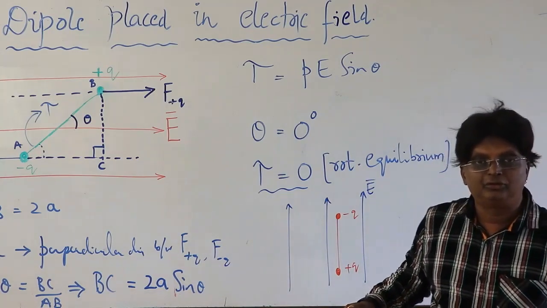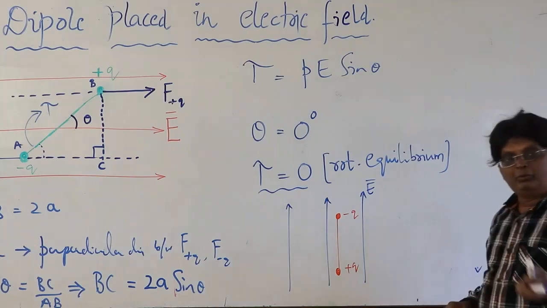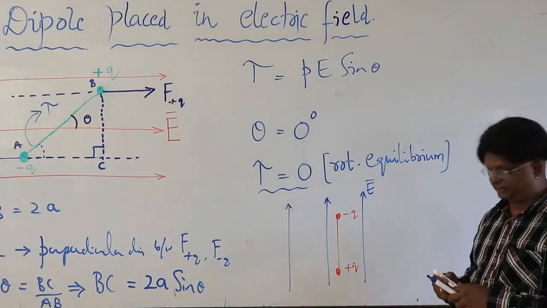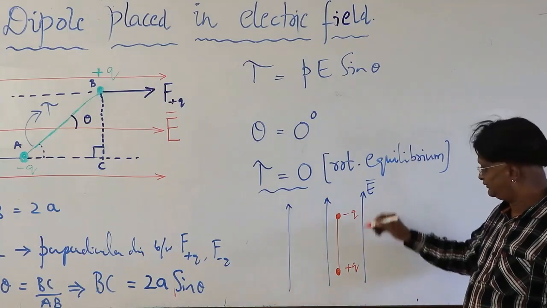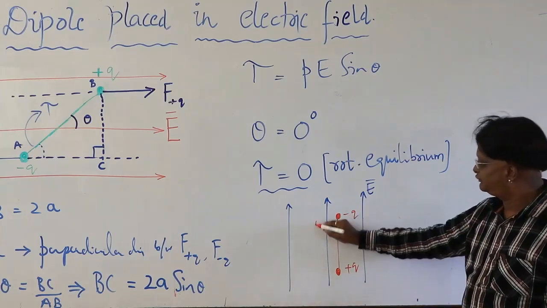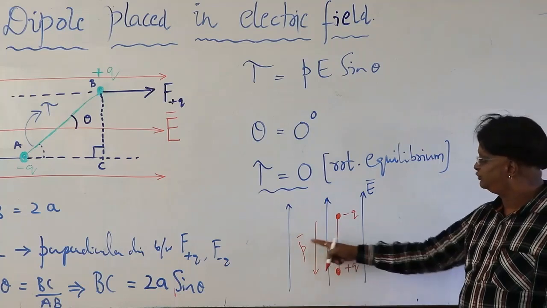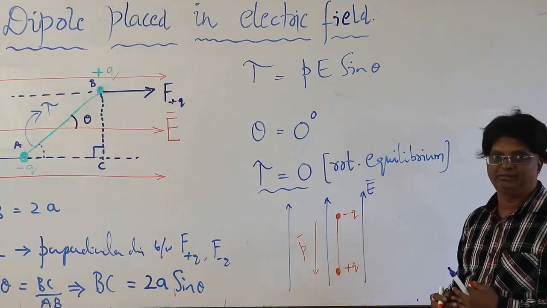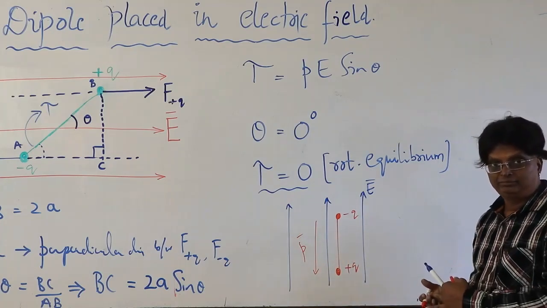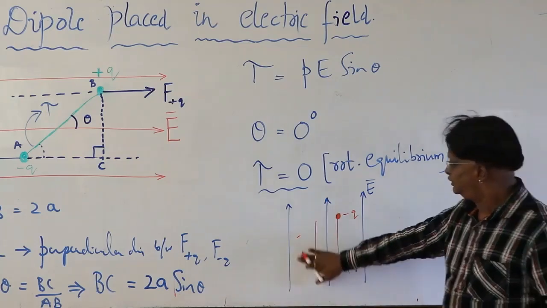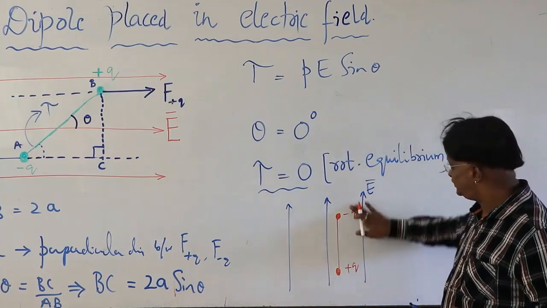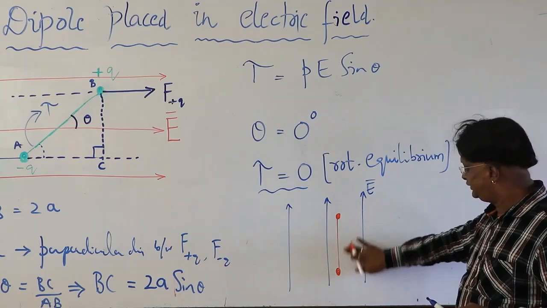First write the vector. The moment vector is always from minus Q to plus Q along the axial line. Therefore, this is the moment vector P bar. Now you see these two, P bar and E bar, are anti-parallel. Theta is not 0 here. So for theta to be 0, what is the alignment?